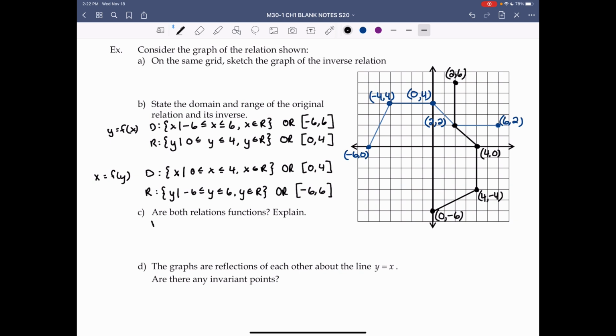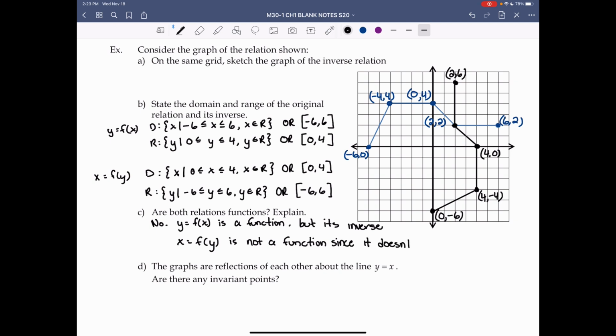So no, y equals f of x is a function, but its inverse, x equals f of y, is not a function, since it doesn't pass the vertical line test.